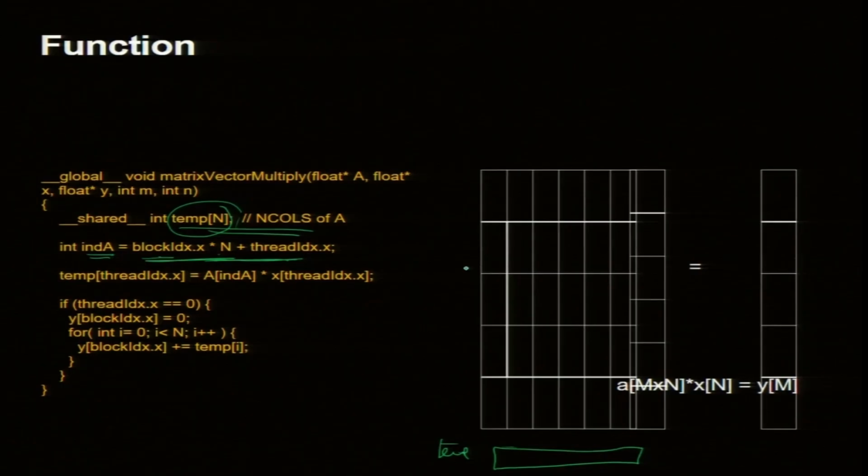For I equal to 0, it will be just j. Next one is n plus j. So, this is 0 to n minus 1, then starting with n it goes up to 2n minus 1, like that.